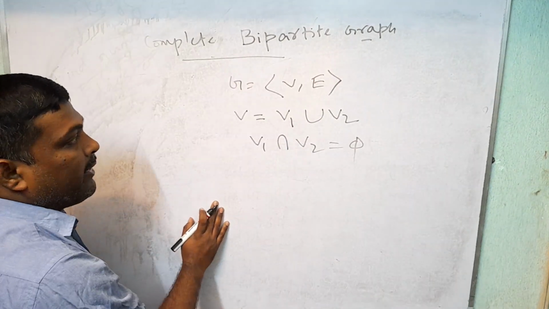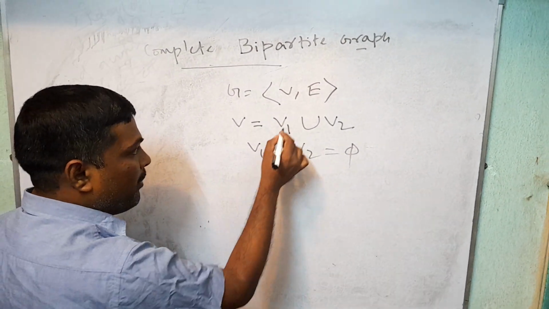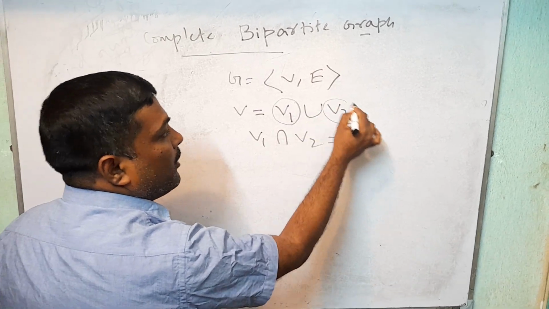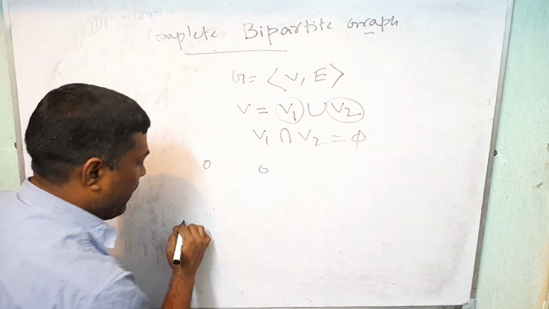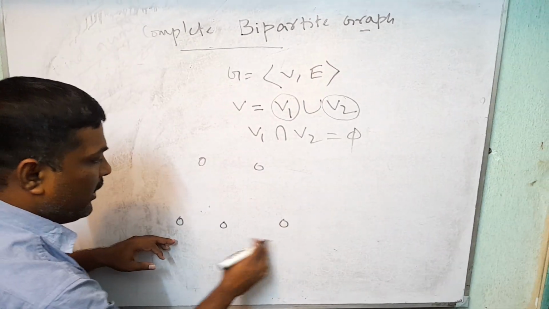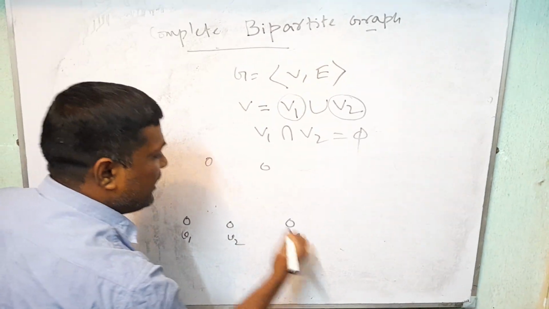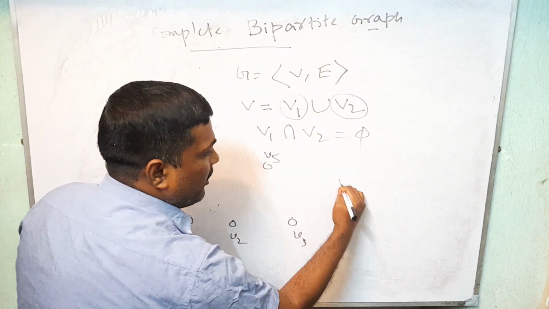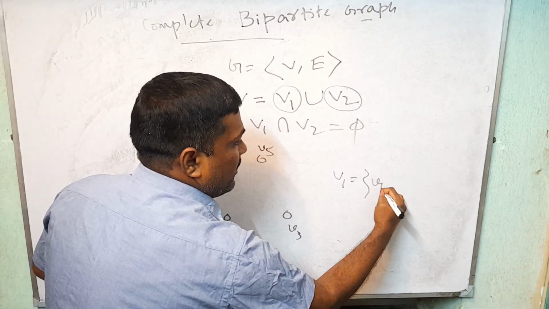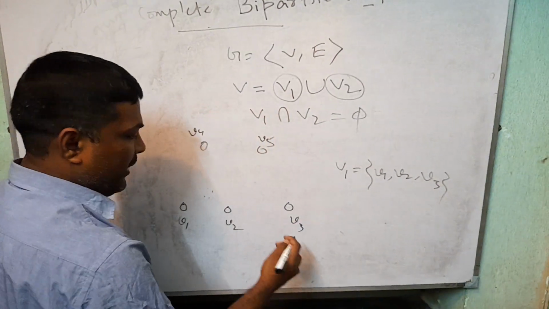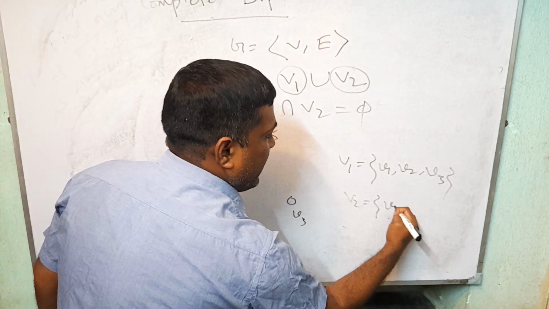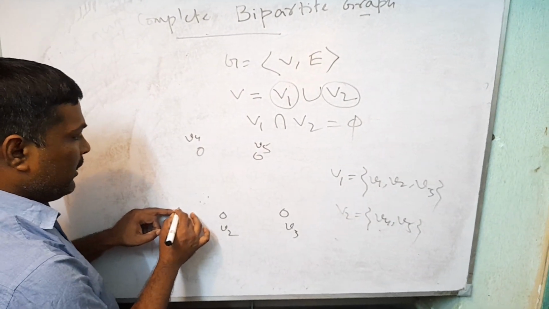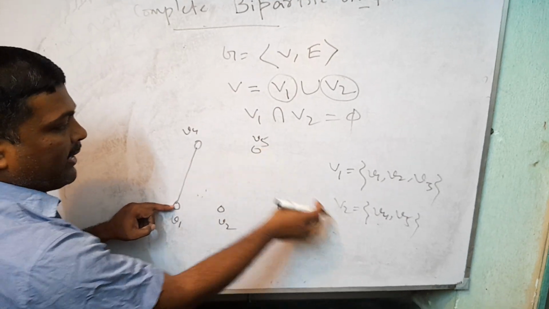Now it is a complete bipartite graph if, taking any vertex from V1, it is connected to every vertex of V2. Suppose this is one graph, where the subset V1 contains these three vertices and the subset V2 contains two vertices. Take any vertex from V1 and create edges from this vertex to all the vertices of V2.